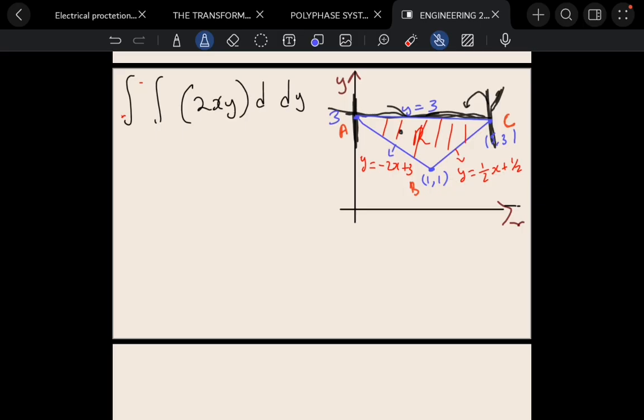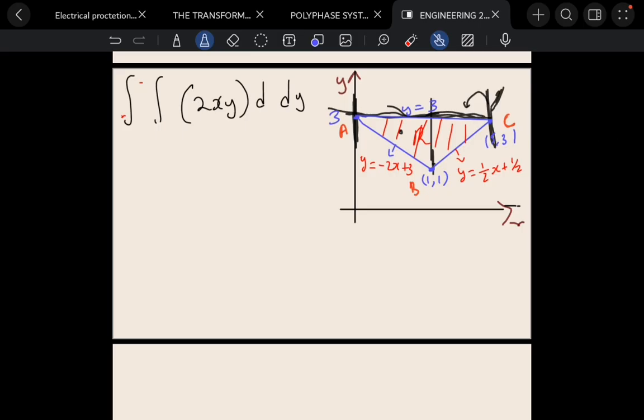But when we come here at B, a vertical line divides the region. Do you understand that? That vertical line there divides that region. So if you draw a vertical line like that at B, it's going to divide the region.